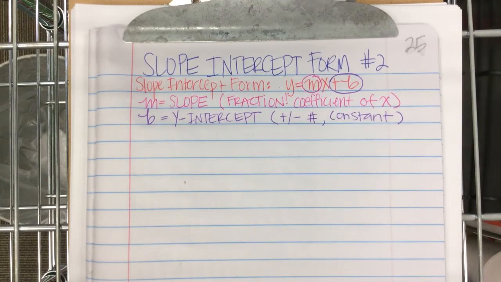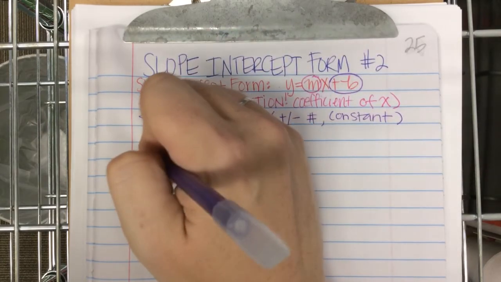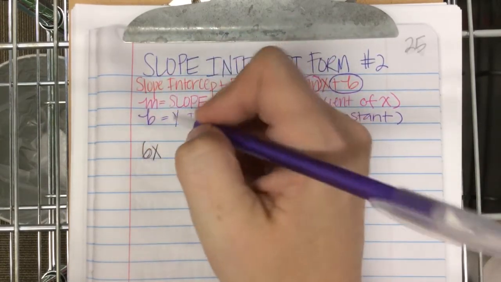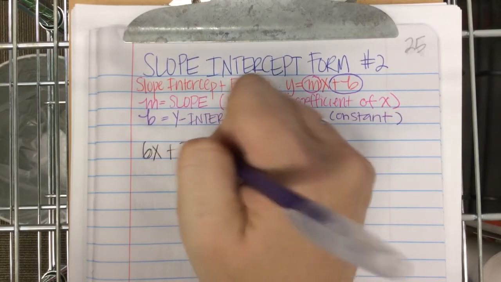But guess what? You're gonna make it harder. It's not always written in slope-intercept form. It's a little trickier. So you'll probably have a problem that looks like this. 6x plus 2y equals 10.